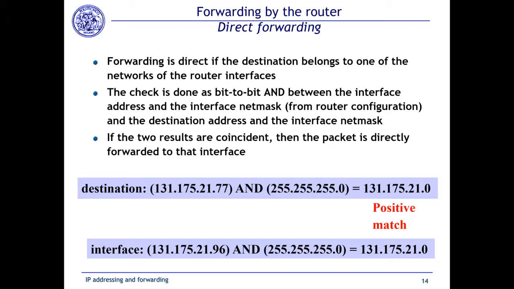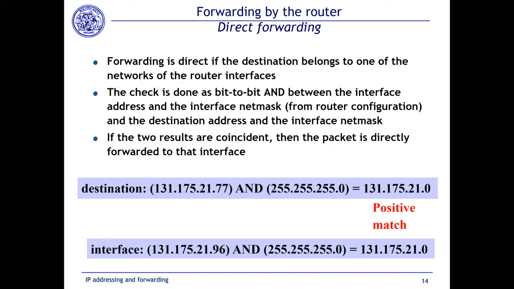This is to identify the cases where the packet has to be forwarded in direct forwarding. So if the destination of the packet is directly connected to the router, then you don't have to use the routing table, but you have to send the packet out of the interface where this destination is connected to. So the first operation is to take the IP address of the packet and match it against the IP addresses of the interfaces.